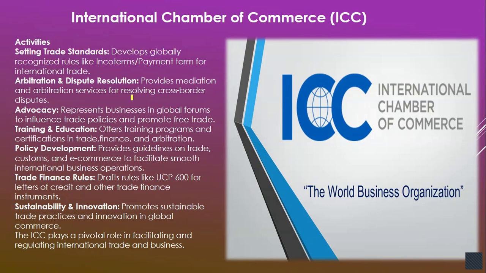The same way with payment terms: advance payment, letter of credit, documents against payment, documents against acceptance, usance payment. So these are some Incoterms and payment terms which are globally recognized rules.